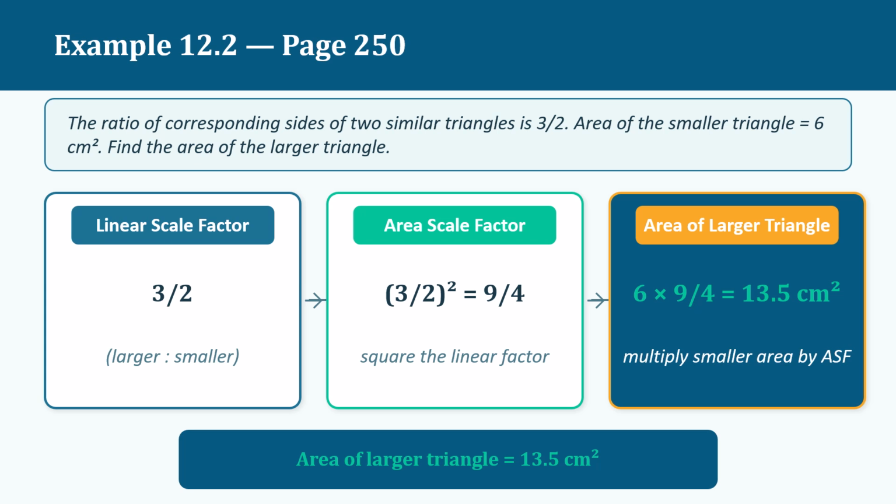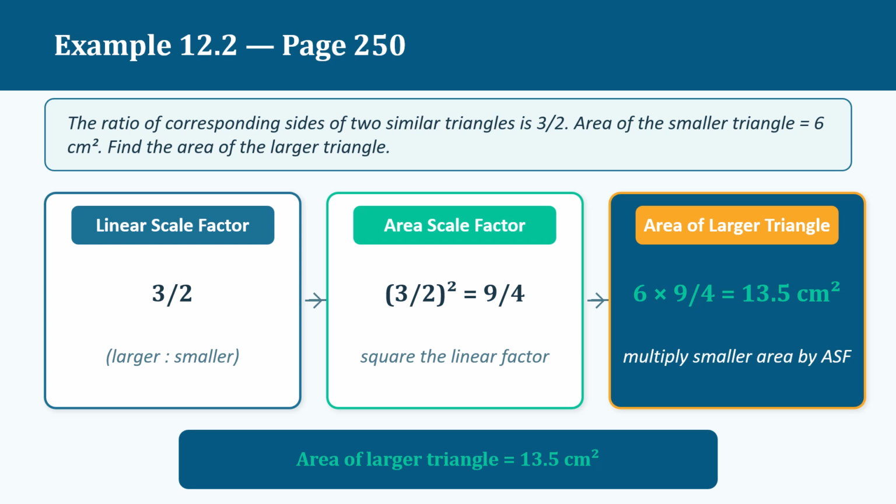Now, as you can see, 3/2 is 1.5. This value is greater than 1. So what does it mean? Greater than 1 means this is the value to multiply the smaller triangle by to get the bigger one.